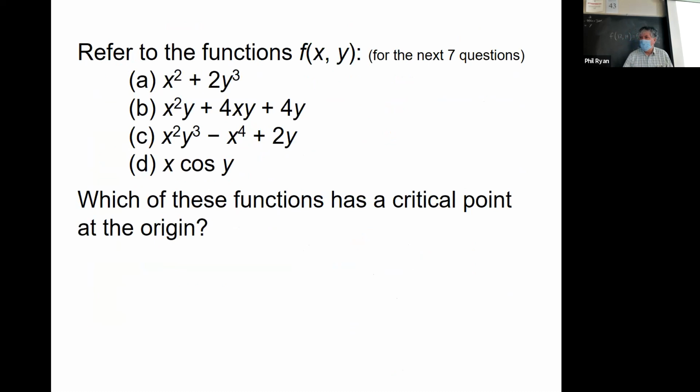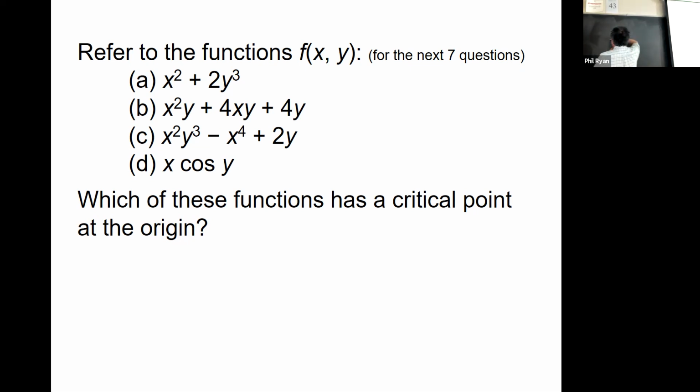Let's actually do an example. Let's have a look at these functions here. Which of these functions has a critical point at the origin?